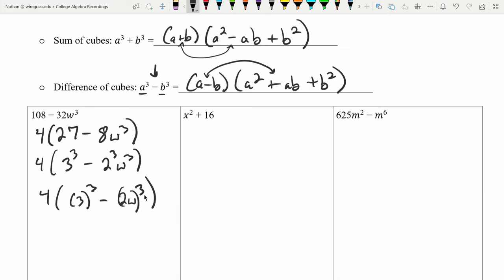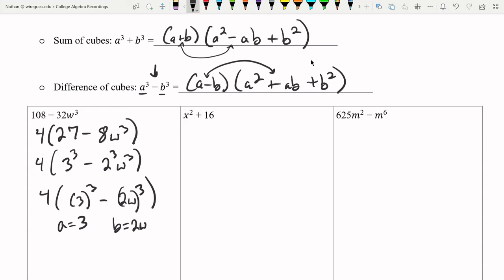The 2w becomes like this because of a rule of exponents. If you can distribute a power over multiplication, you can undistribute or factor it out the same way. So here we can see that a equals 3 and b equals 2w.